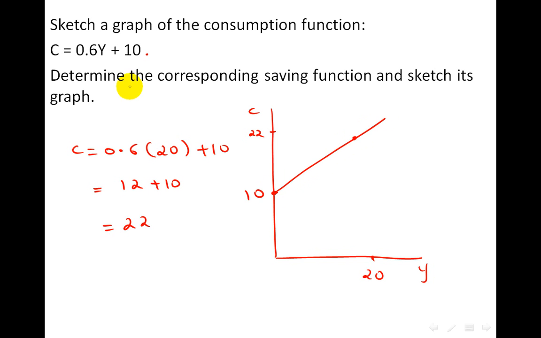Now, based on this consumption function, we are going to determine the corresponding saving function, and we also want to sketch it. If you remember, what did I say? Y equals C plus S, and the consumption function is given as C equals 0.6y plus 10.